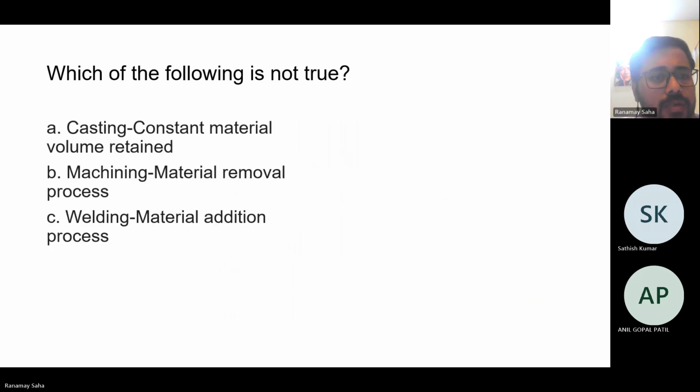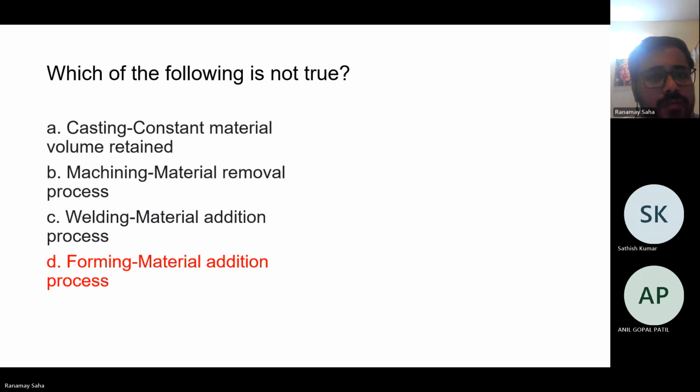Moving ahead, the question was which is not true. Types of manufacturing processes were shown to you: casting, machining, forming. Casting, all know, is a process, right? Then you have the machining process.